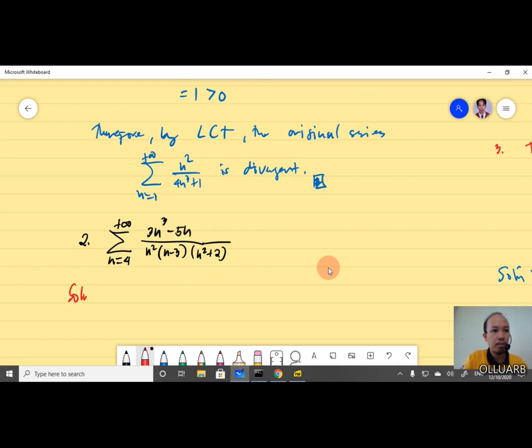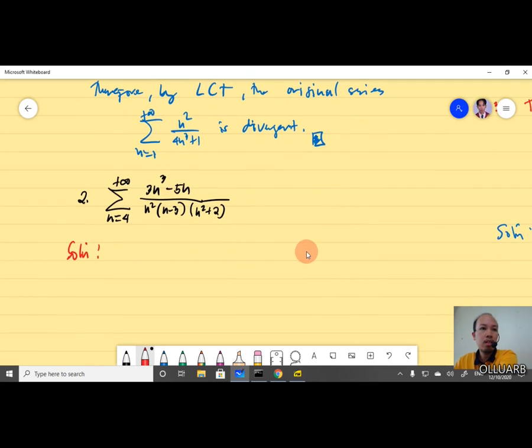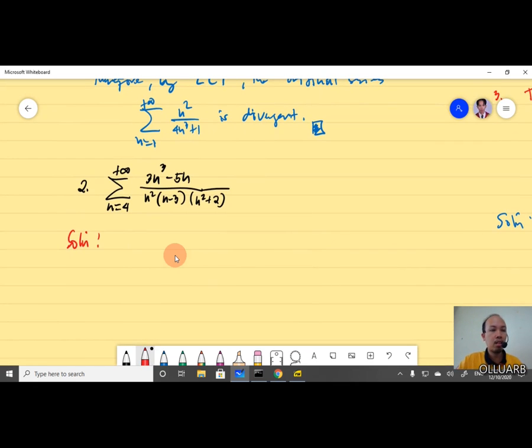Okay, solution. Notice that in our example, the index starts at n is equal to 4.